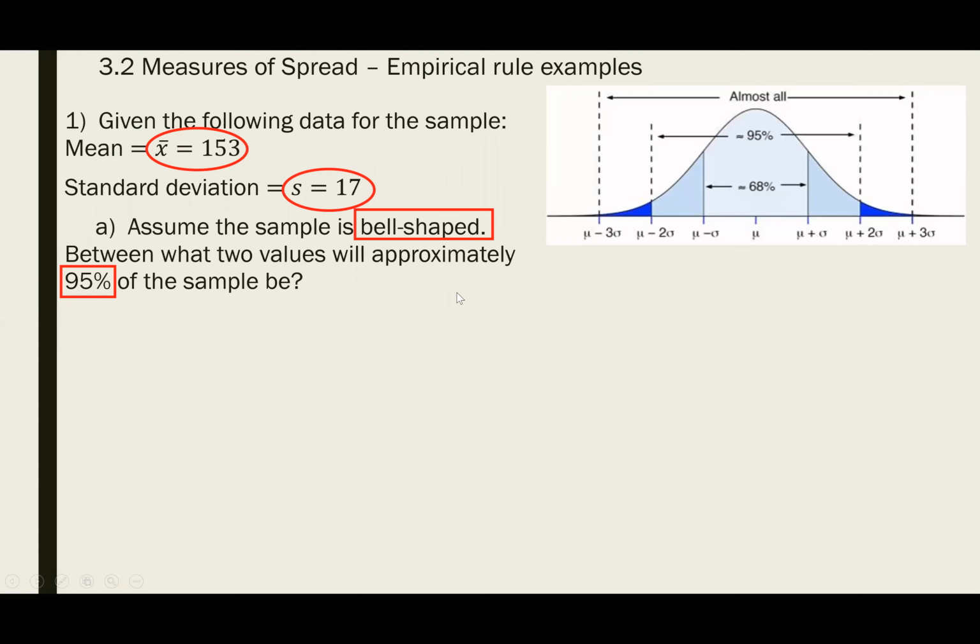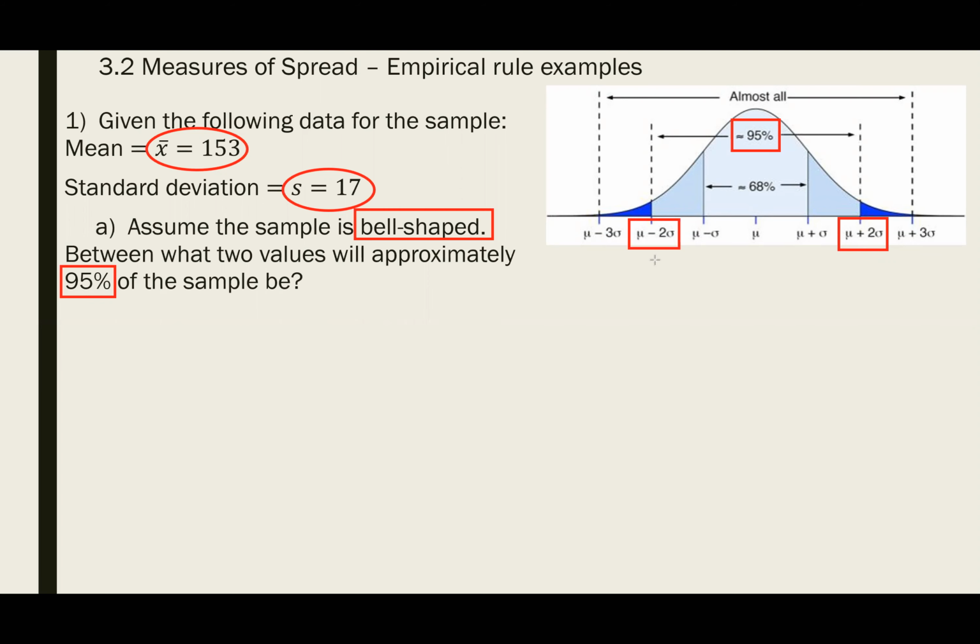Because it's a bell-shaped curve, this is my bell-shaped curve. To include 95%, it has to be from this item to this item. My lower endpoint is over here. My upper endpoint is over here.